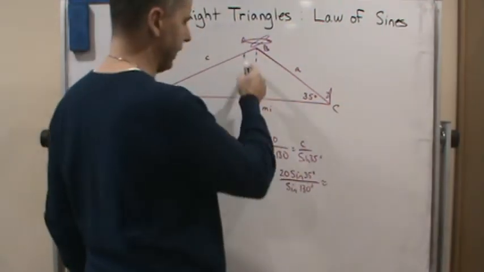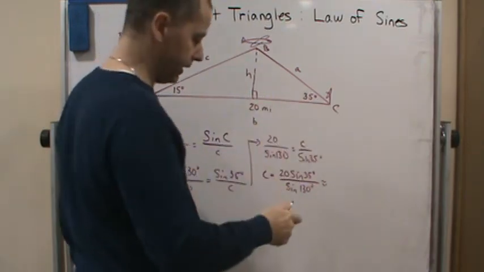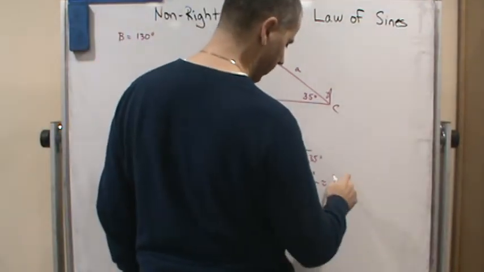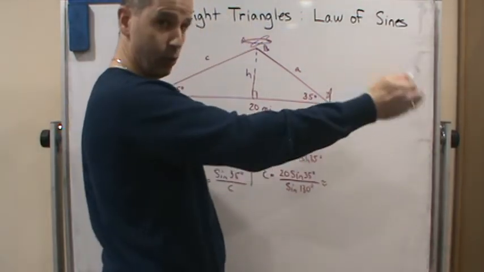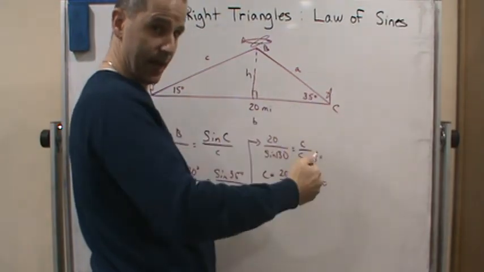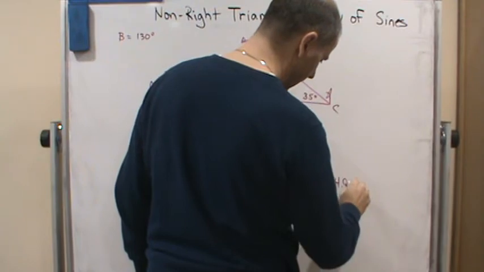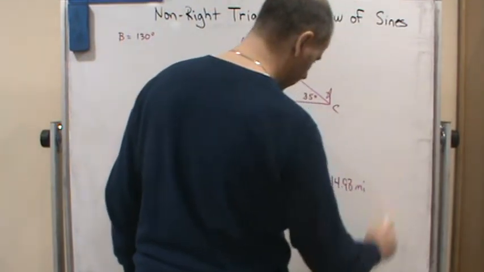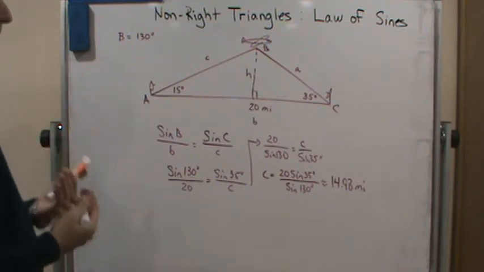Now they want us to round the altitude to a tenth of a mile, so that's why I'm keeping it out to 2 decimal places for the rest of them. Because we're going to need to know the hundredths place to round to the tenths place. So this is going to be approximately 14.98 miles.